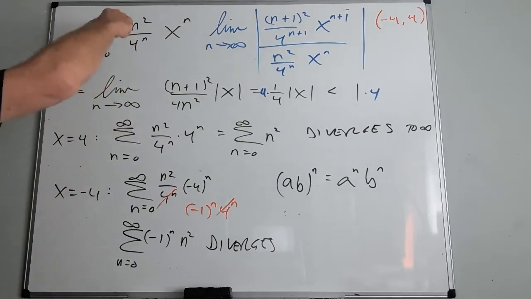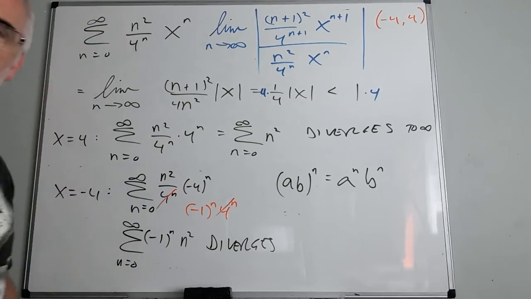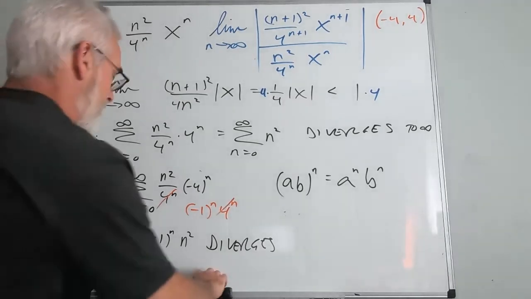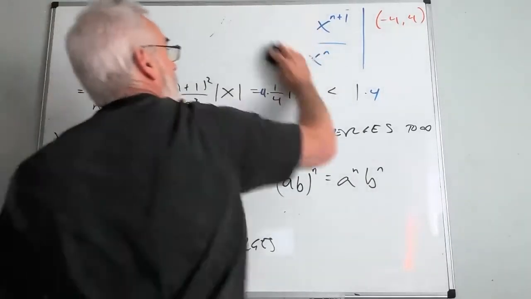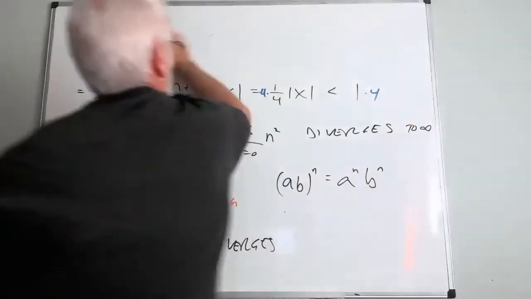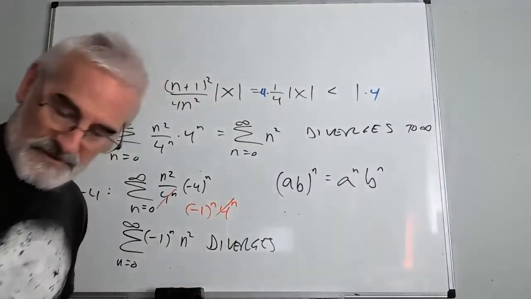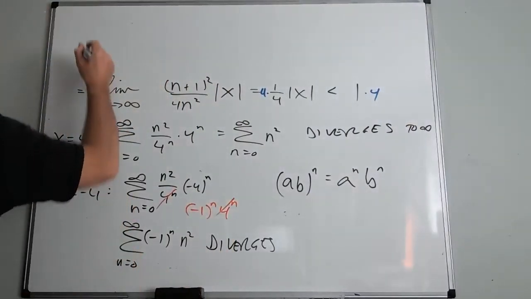Okay, that n squared on top is what messed everything up. Had that n squared been on the bottom, maybe we get a different story. So let's try one that maybe looks like that one. That one being the one I just said, not the one I just did. All right, so let's try.